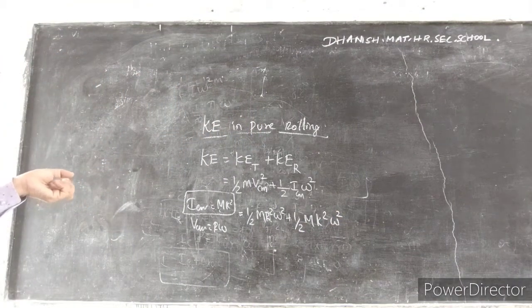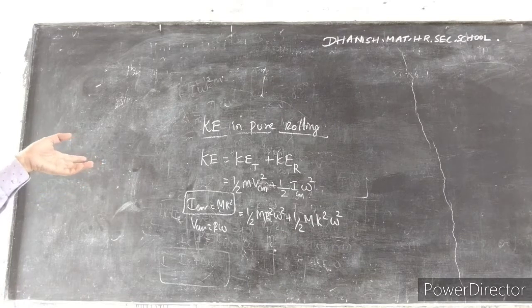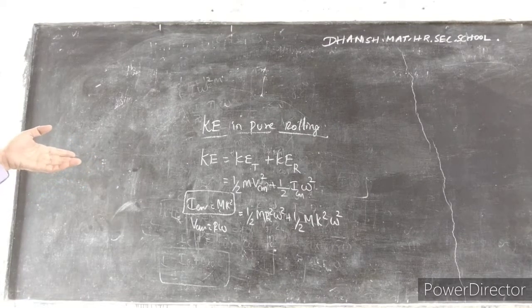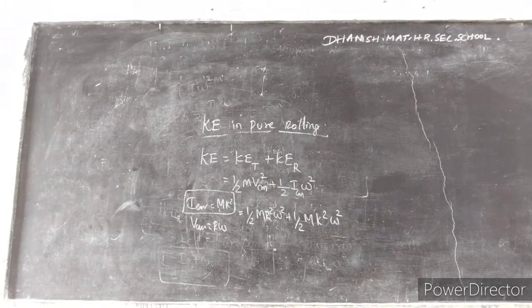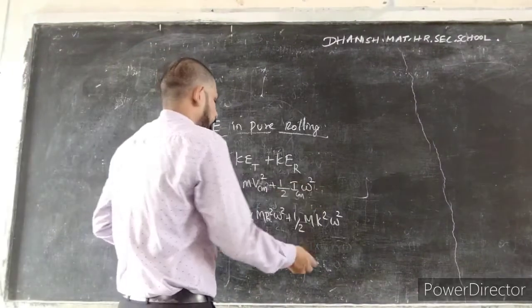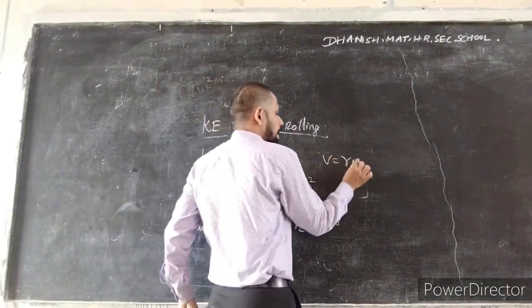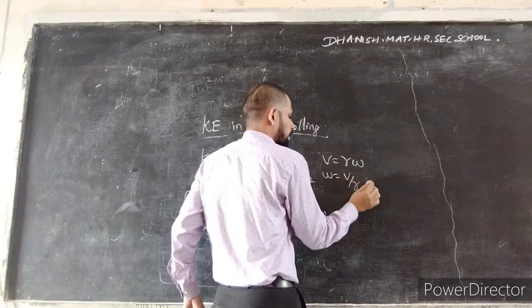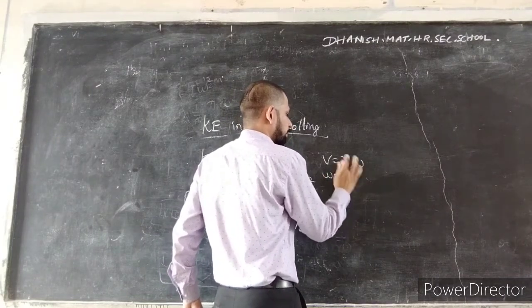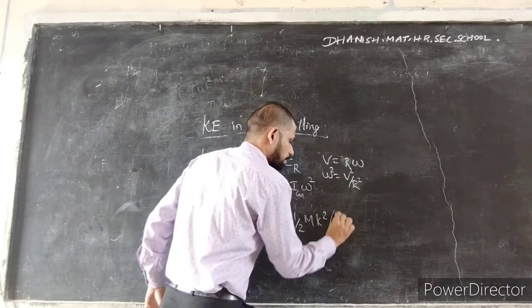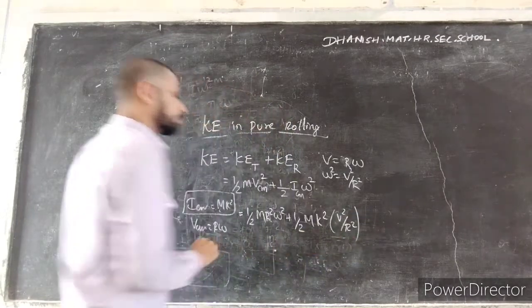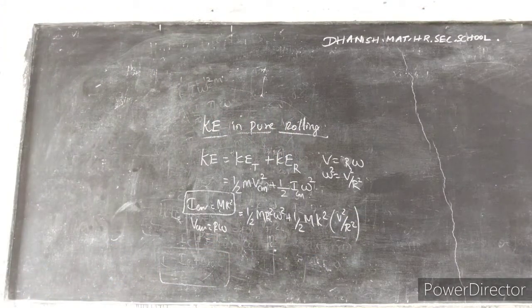We know that v equals r omega, so omega equals v by r, and omega square equals v square by r square.